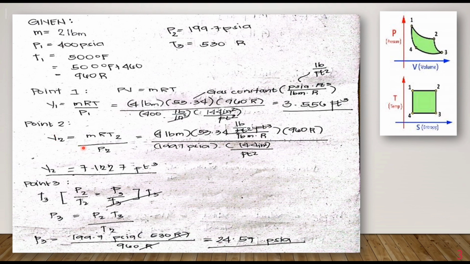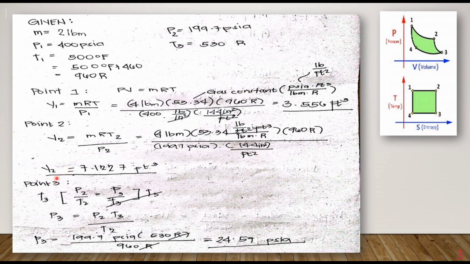So for point 2, we are going to use this formula: V2 is equal to MRT2 over P2. And then after that, we are going to substitute the given values. So we have 4 lbm times 53.34 pound feet squared times cubic feet over lbm times R times 960 R over 199.7 psia times 144 inches squared over feet squared.